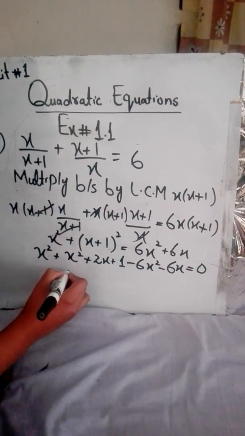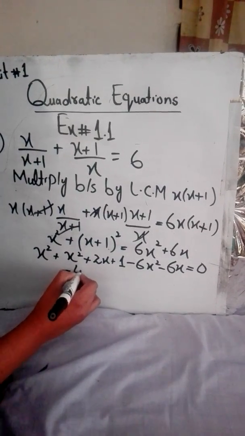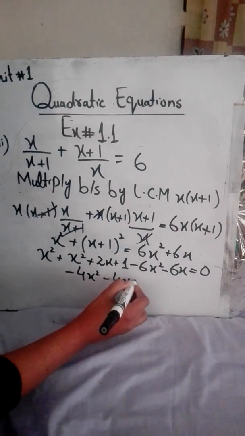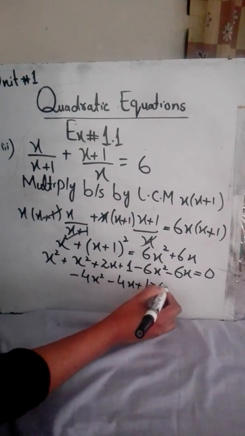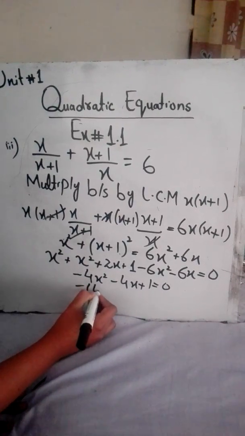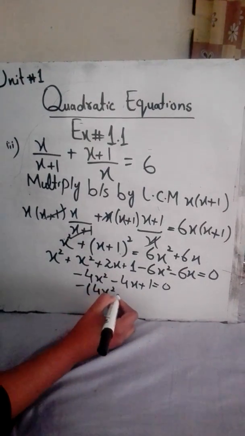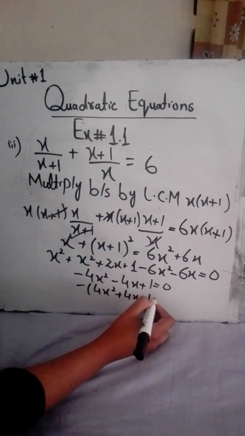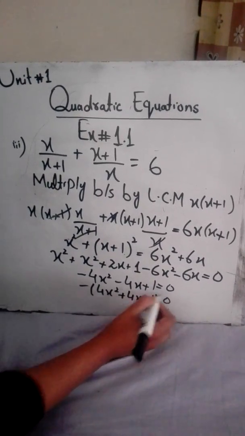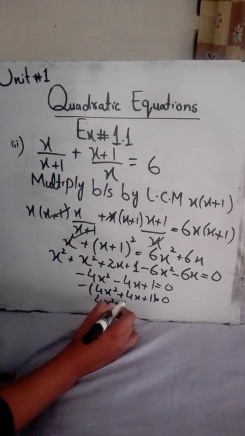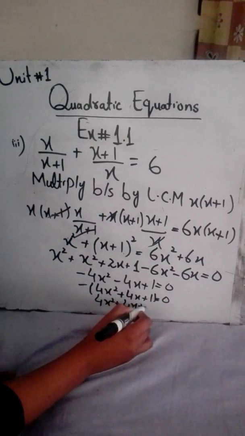After simplification, I will get minus 4x squared minus 4x plus 1 is equal to 0. Minus will be taken as common. It will become 4x squared plus 4x plus 1 is equal to 0. So this is again a quadratic equation.